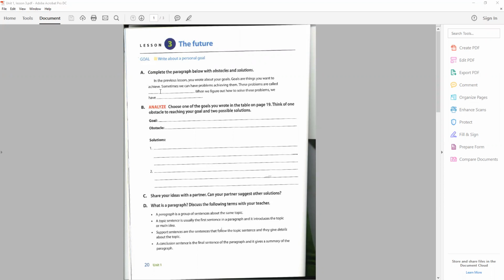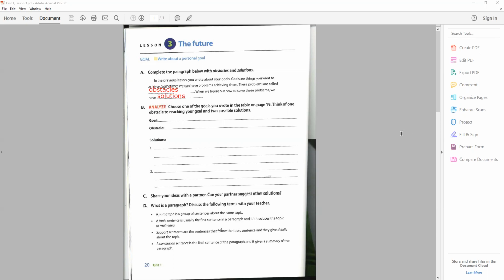Okay, when we figure out how to solve these problems, we have, what are those called? Solutions is correct. Okay.